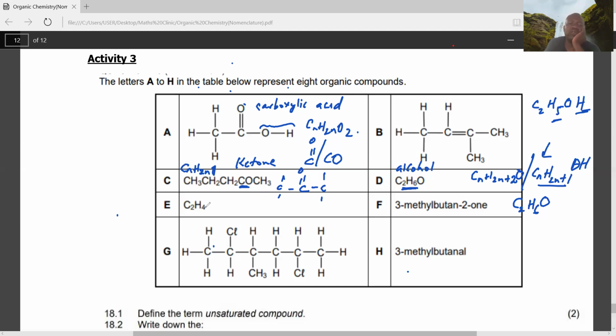Then C2H4, what is this? The n is doubled, so this is an alkene, CnH2n. 3-methylbutan-2-one is a ketone, where the carbonyl is at carbon number 2.